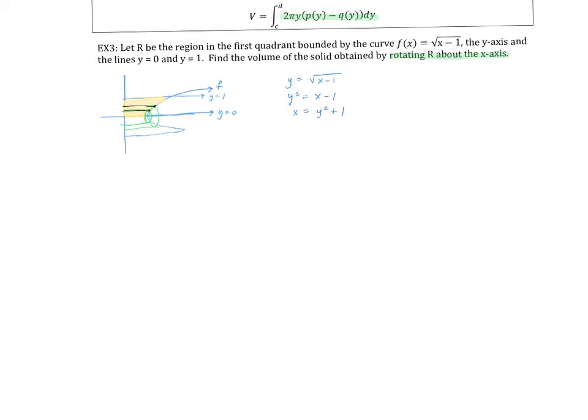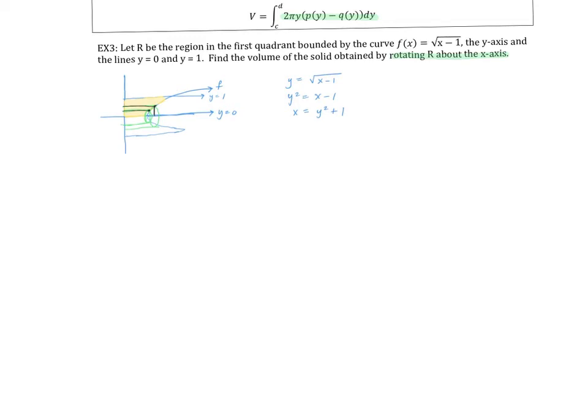All right, so how do I find the radius here of my shells? Well, the radius is going to be a y value. And we're integrating with respect to y, so that's not really a problem.